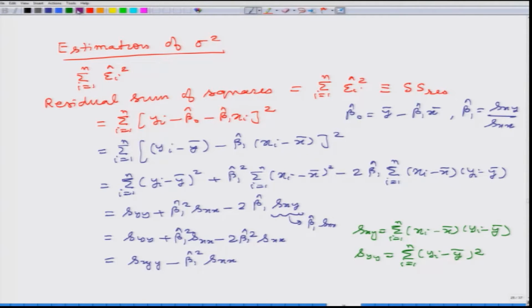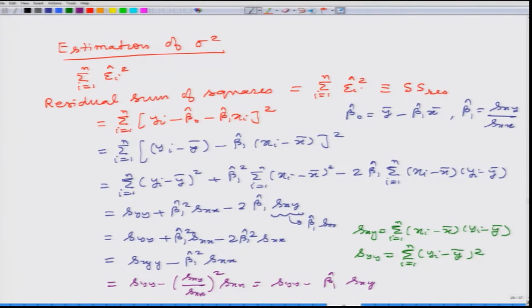Now, I can replace beta 1 hat with Sxy upon Sxx, and this I can further solve as Syy minus (Sxy over Sxx) whole square times Sxx, and this will come out to be Syy minus beta 1 hat Sxy. So, this residual sum of squares has several popular forms, and depending on the need and situation we use them suitably.